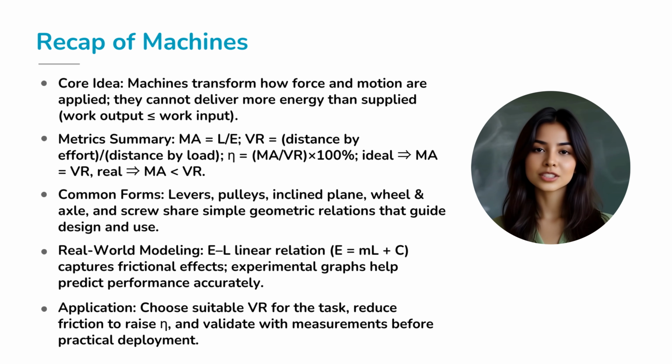In real devices, friction reduces both. Levers, pulleys, inclined planes, wheel and axle systems, and screw jacks all follow clean geometric relations that guide both analysis and design. The linear relation E equals mL plus C captures real-world friction and lets us predict performance from experiments.